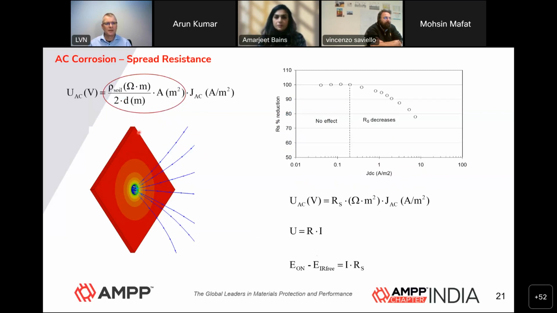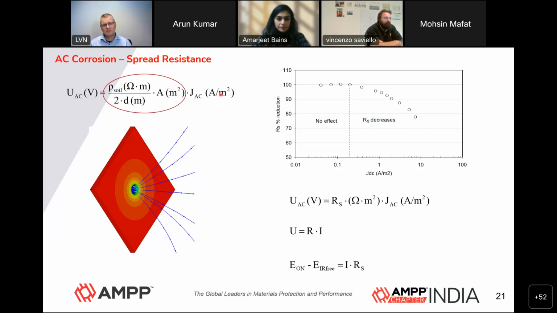And again, it's related to this equation here, where when you model things, you model the AC voltage, and you think by this equation, if you measure the soil resistivity, and you know about the coating defect geometry and size, then you can calculate the AC current density.